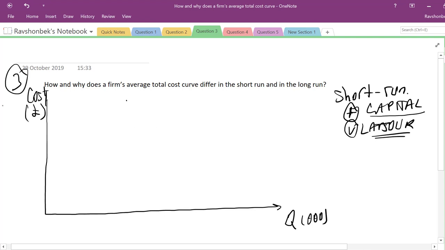Now if that's the case, with one factory we can expect our average total cost to behave like this. Short run average total cost curve, or SRAC in some books, short run average cost curve.